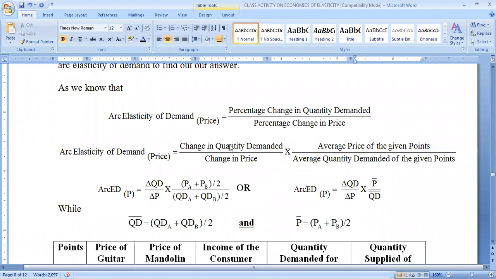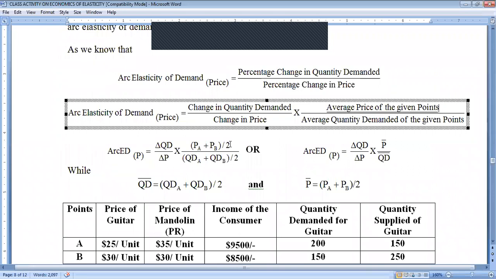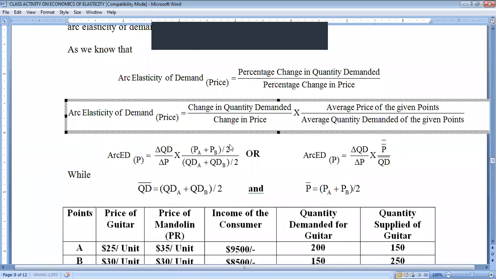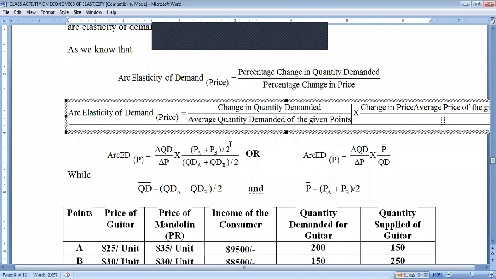Okay, let me just update this formula for you people again so that there should not be any confusion. What is percentage change in quantity demanded?